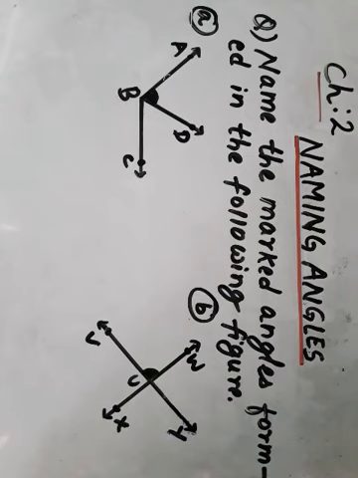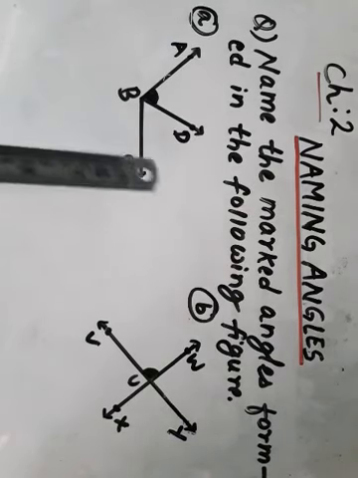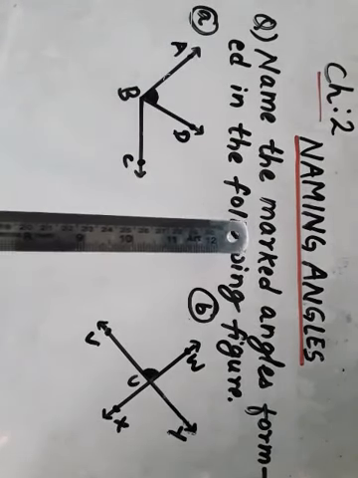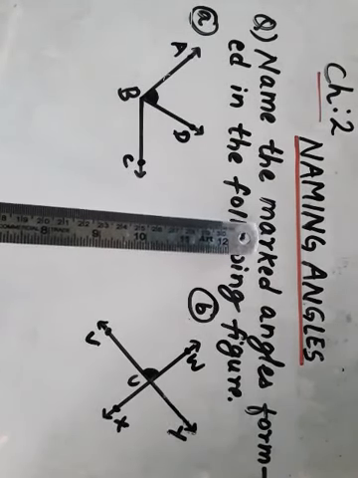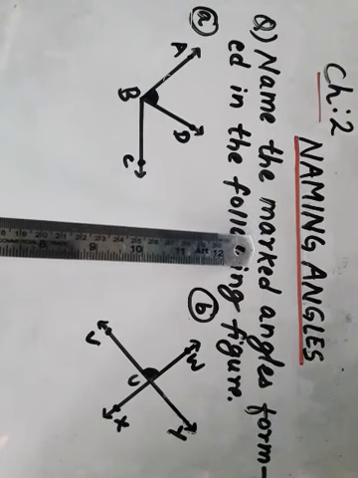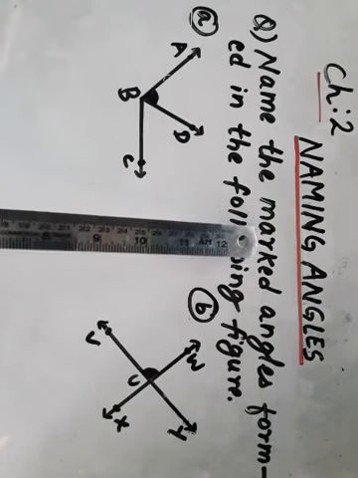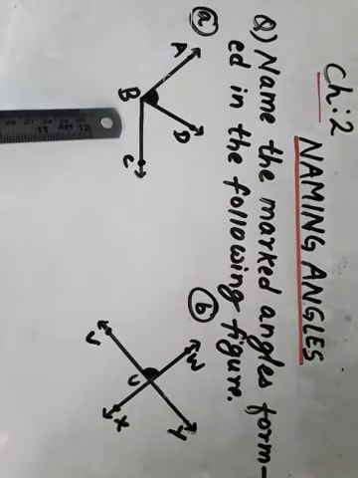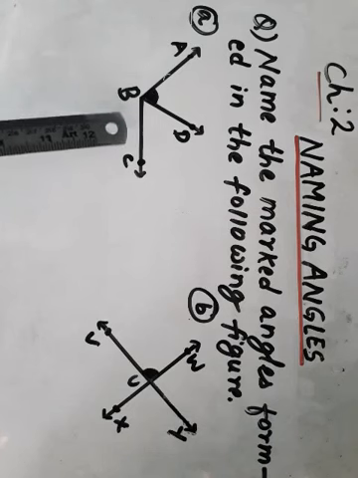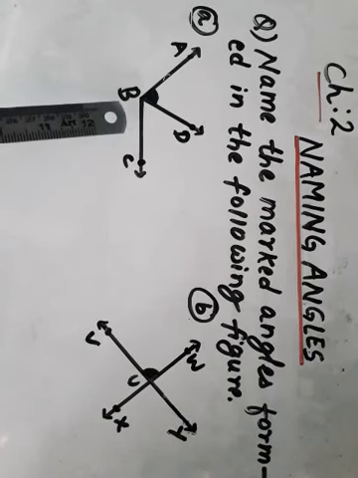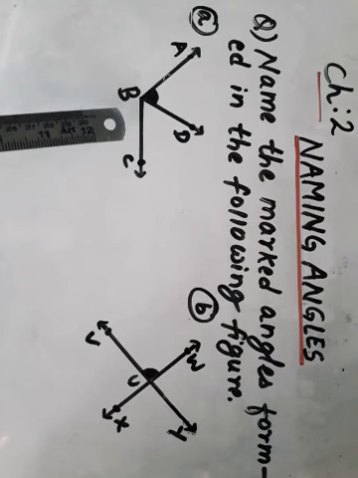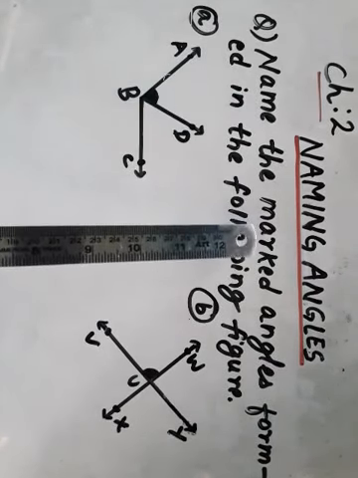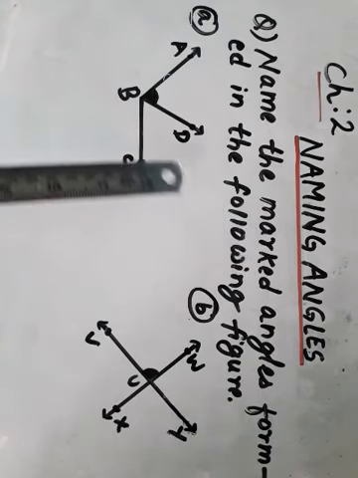So, students, in question number A, here is a figure, and from this figure you are supposed to name the marked angle, only the marked angle. If you see the figure, you can see many angles here, but you are only supposed to name the marked one, not all.